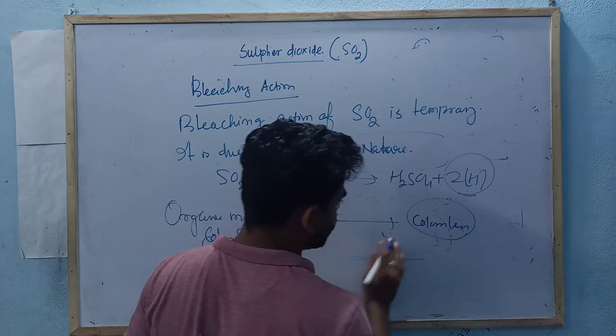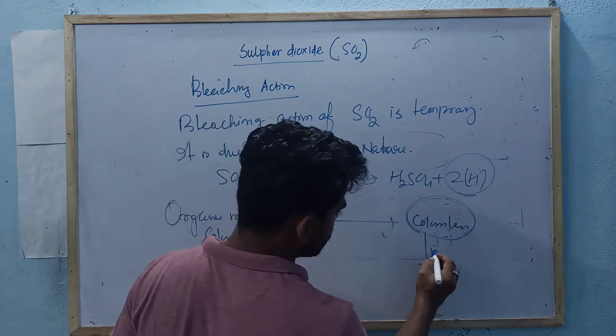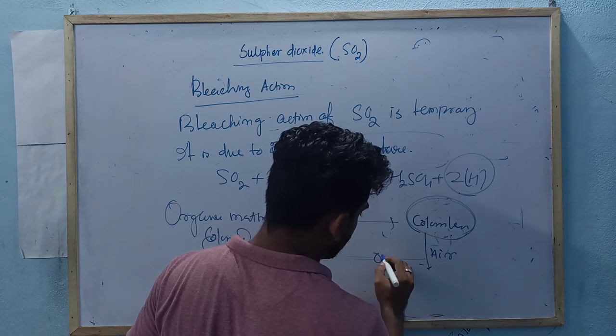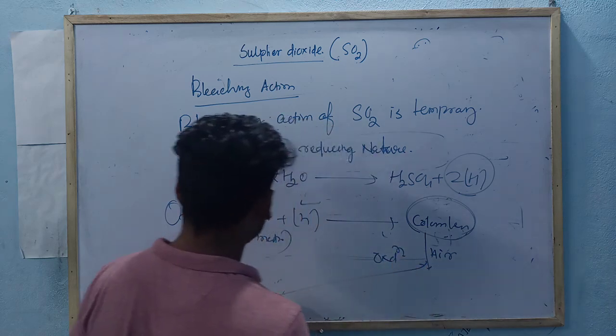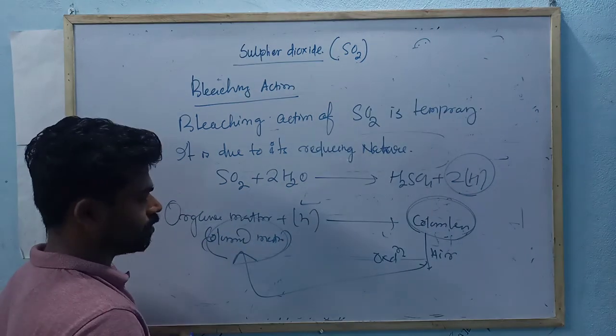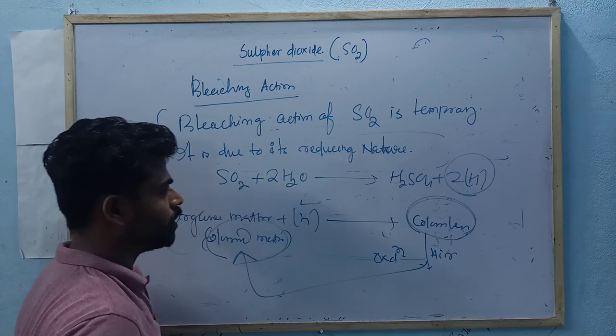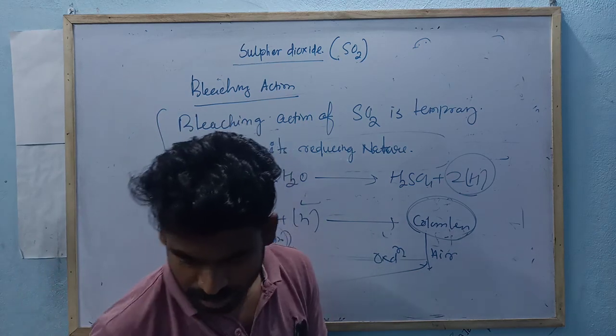But whenever this colorless substance comes in contact with air, further oxidation takes place, leading again to the colored organic matter. So its bleaching action is temporary, not permanent. Clear?